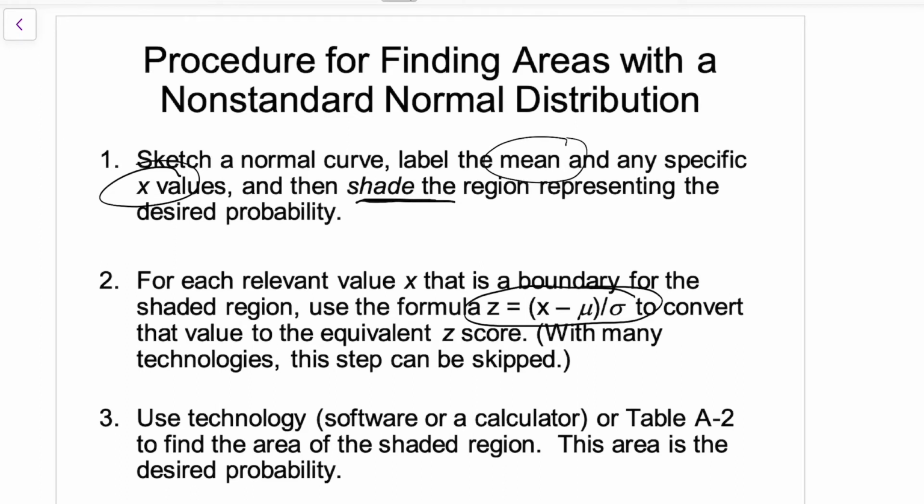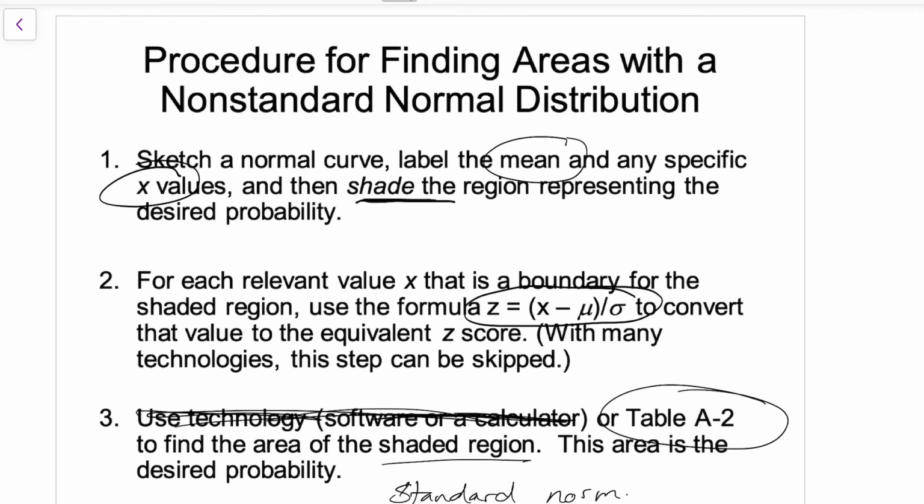We'll be able to draw then a standard normal distribution picture. And what we'll do is we will not use technology, but we'll use our normal distribution table to find the area of the shaded region in the standard normal distribution. Right? And the area we find will still be the desired probability we are searching for.